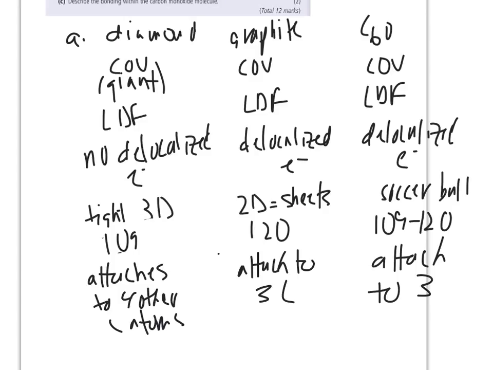This is a question that I wouldn't be surprised that IB on the big test asks you some things about the allotropes. They're not going to ask you this extensive of a question. So if you can remember a couple differences, you might pick up a point or two.